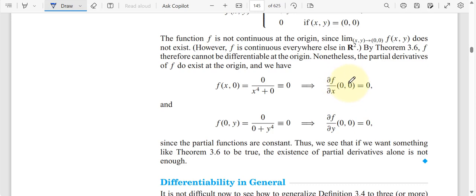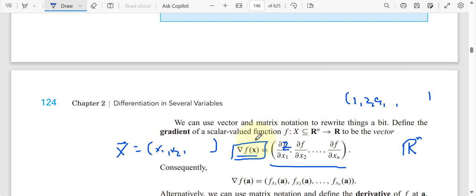We put in 0 and 0, for example, and we get out some result when we evaluate it at a specific point. In the same way, with this gradient, we can ask what it is when we put in a particular value of x1, x2, x3, x4, which is a particular value for the vector x. So we're filling in all of these things, and we get a particular one.